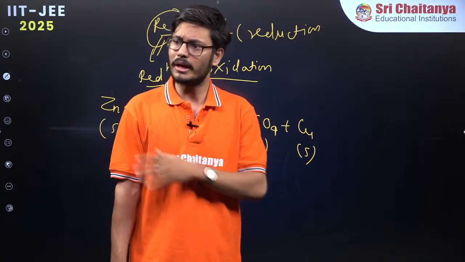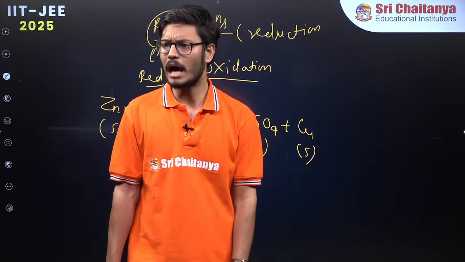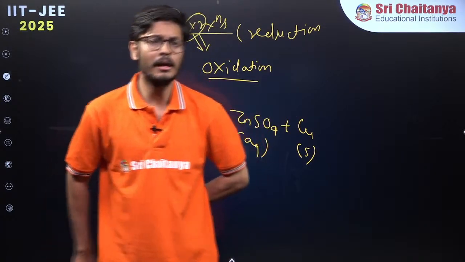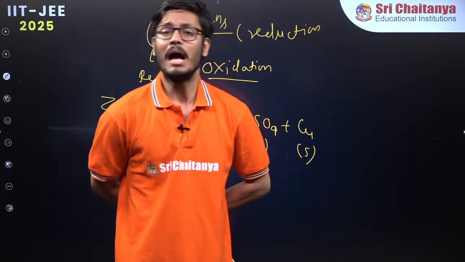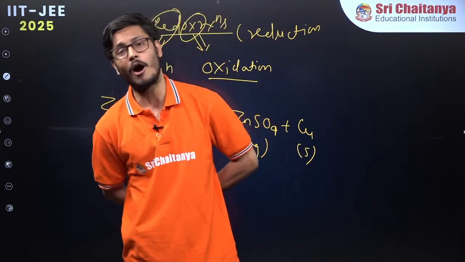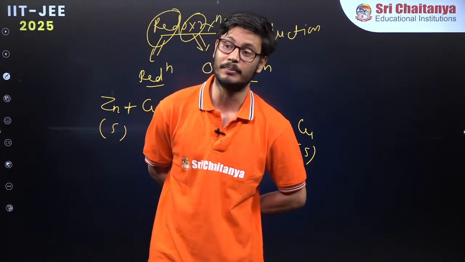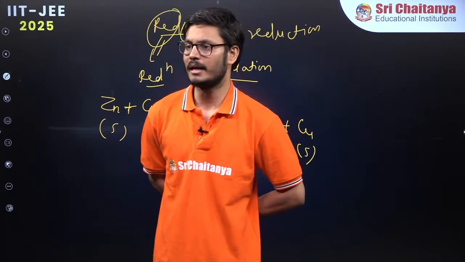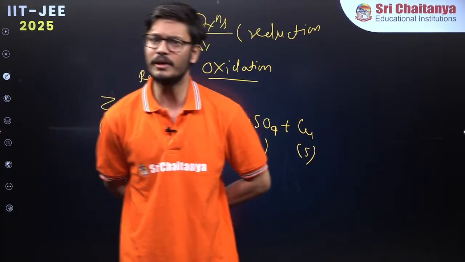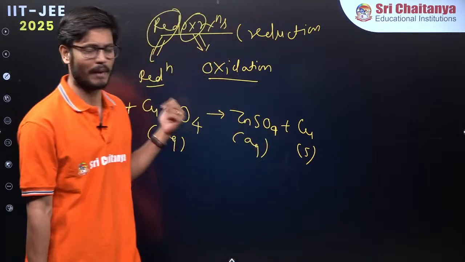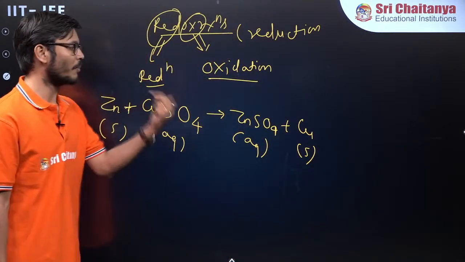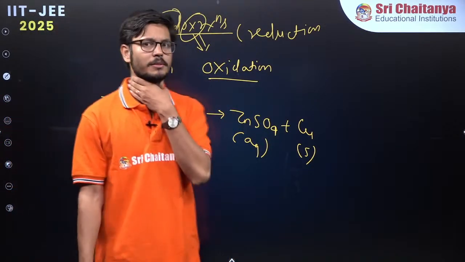It helps a lot according to the reactivity series. But how this reactivity series is formed evolves into the chapter known as electrochemistry. So the Daniel cell is one specific example of a galvanic cell. Some of you might be knowing. So zinc plus copper sulfate gives zinc sulfate plus copper.